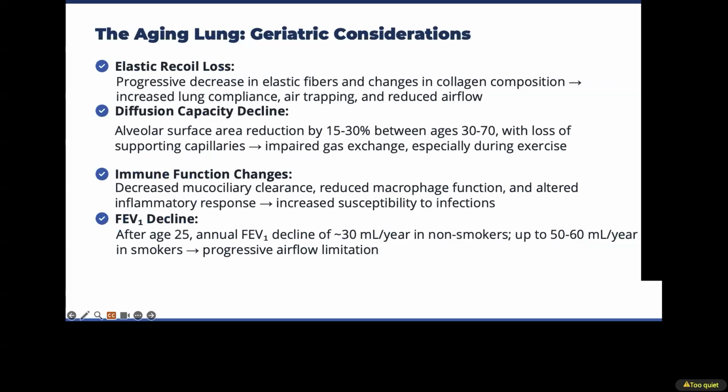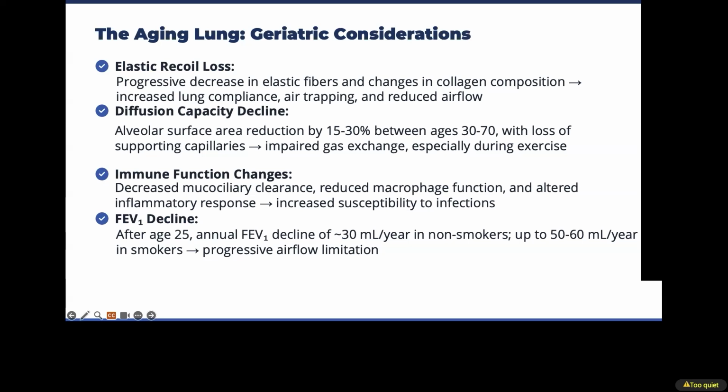Well, what happens now in the aging lung? These changes are gradual, they're predictable, but they're physiologic. And they can easily trip into pathology when compounded by illness and inactivity. The lung scaffolding is this elastic fiber, and this gradually breaks down, and collagen becomes stiffer.